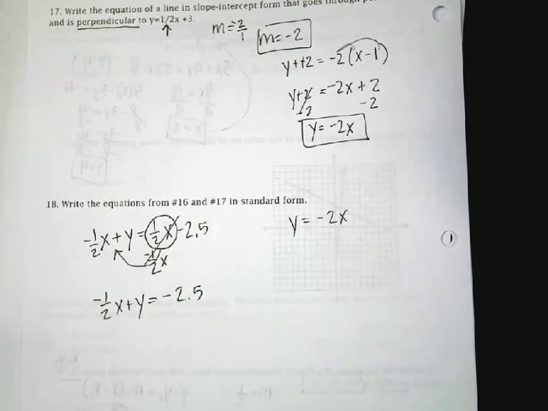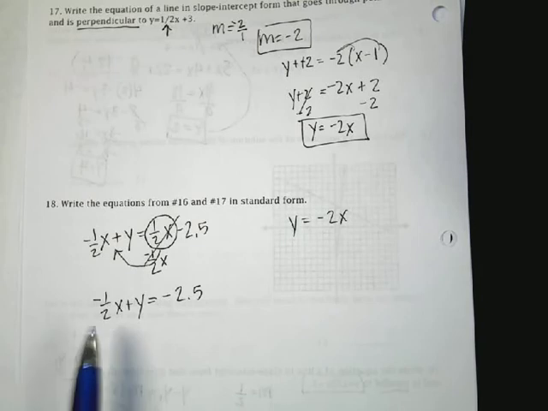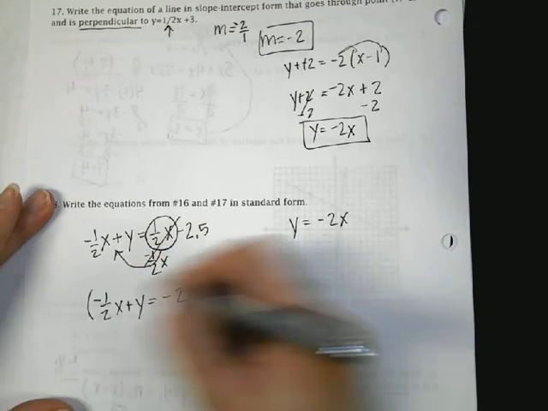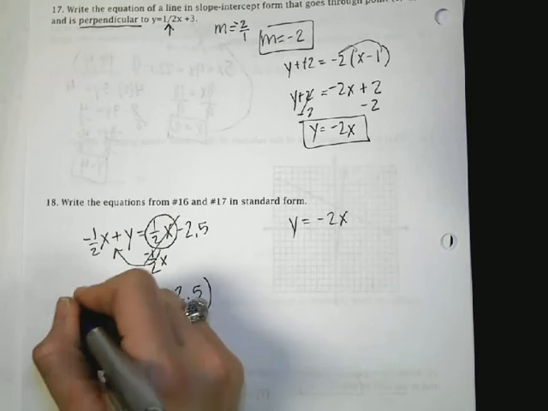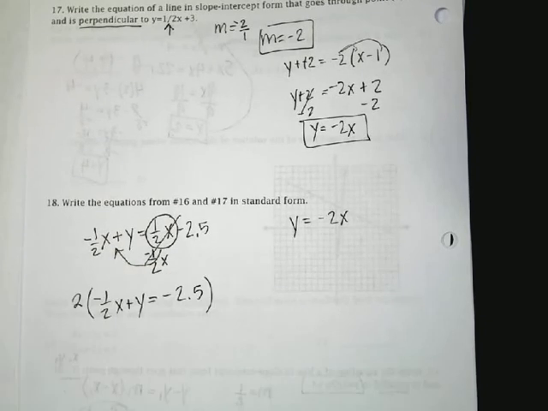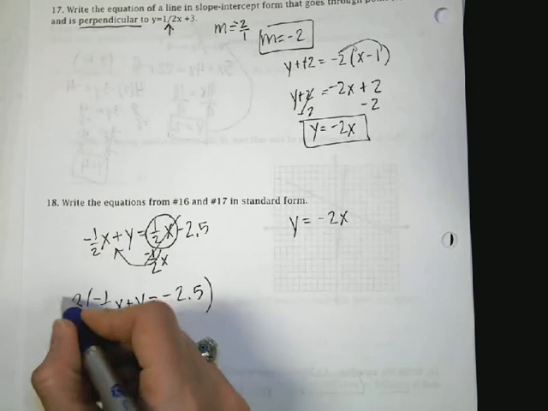From here, I look at the number in front of the x, and I see, is he whole? No, he's not. Is he positive? No, he's not. So I have to change it by distributing a number throughout the entire equation. The way I choose that number is by looking at the denominator. I know I'm going to multiply by him to make him whole. And then if it's a negative, I multiply by a negative to make it positive.